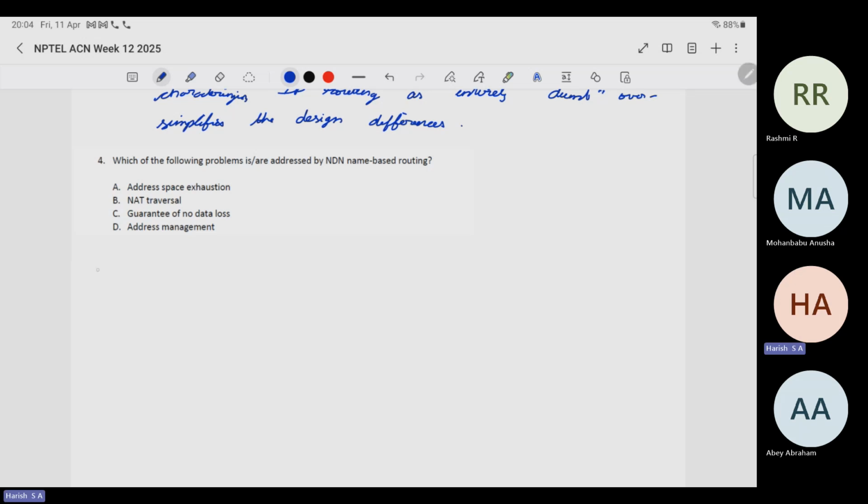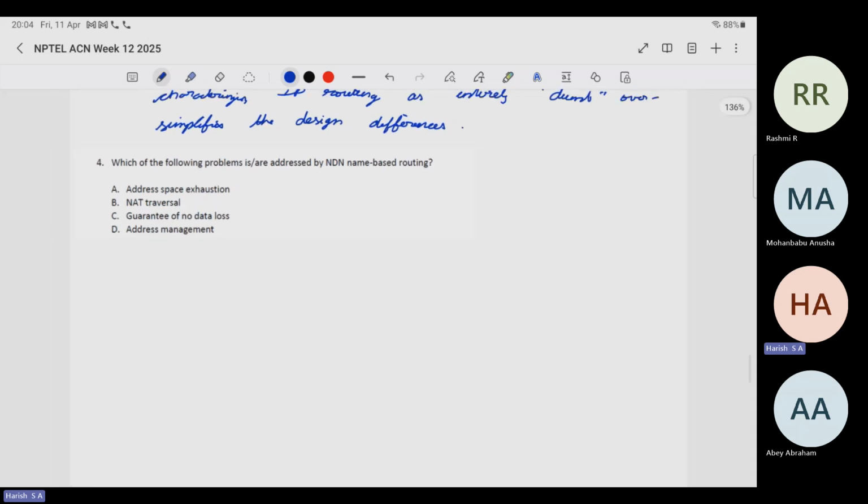The problems given here are address space exhaustion, NAT traversal, guarantee of no data loss, and address management. So let's look at what these problems are individually, and then let's look at what the answer to these questions are.